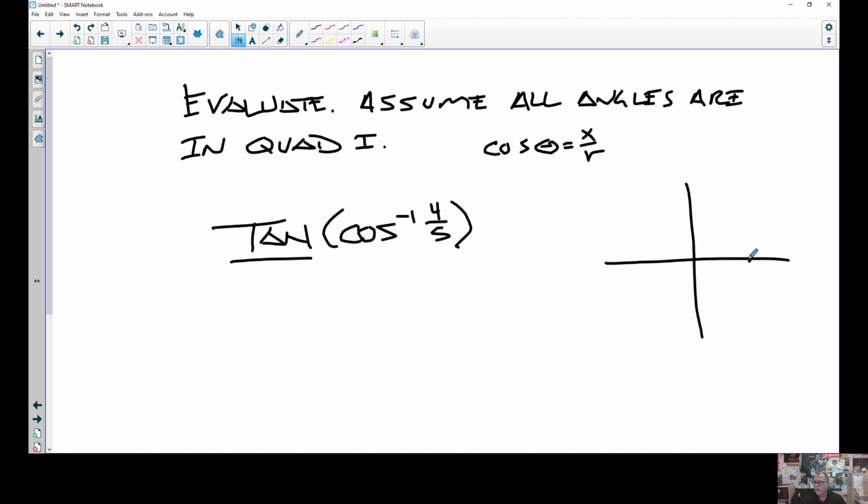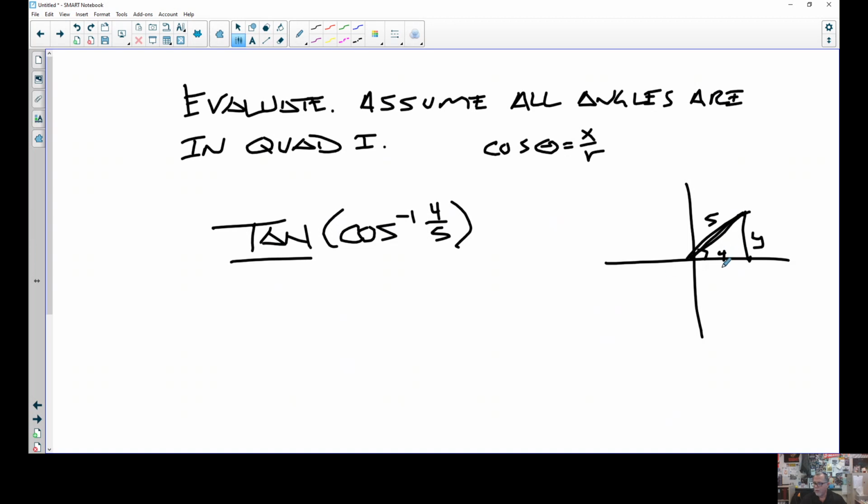So that means we would be going out 4 this way, because this is our x, and this is our r. It would also tell us our radius is 5. It said assume all angles are first quadrant, so I'm drawing a first quadrant. So if I want the tangent of this angle, then I need this value here, don't I? I need my y value.